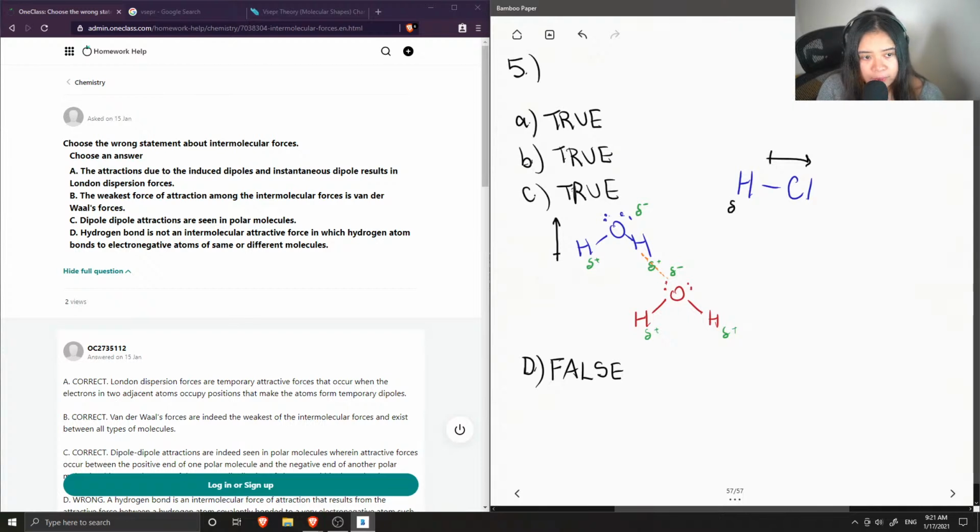This hydrogen will be partially positive, the chlorine will be partially negative. And if we had another atom of HCl, then we get hydrogen bonding as well.